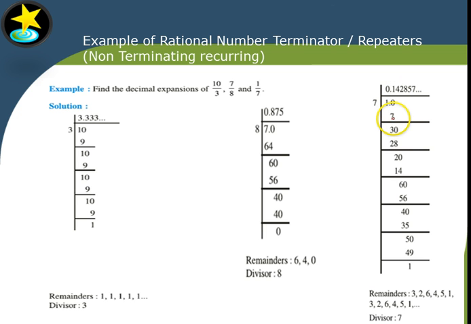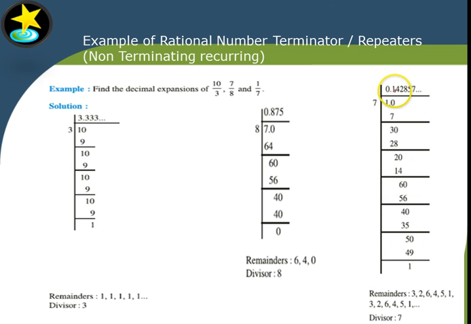When you subtract 7 from 10, what you get is 3, and further you can put 0 and multiply by 4, you get 28, and 28 subtracted from 30 will give you 2, and you can keep moving.